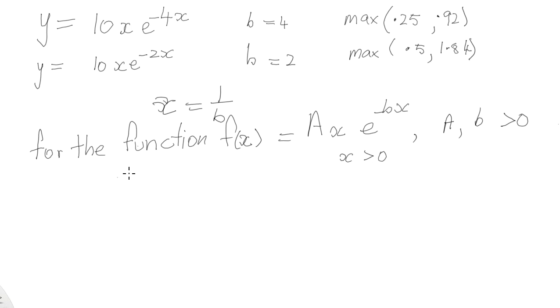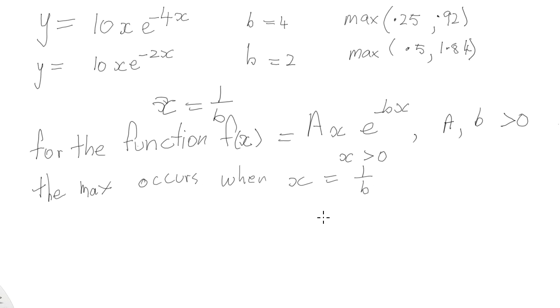So our conjecture is for the surge function, ax e to the minus bx, under the conditions a, b and x are greater than 0, the maximum occurs when x equals 1 over b.